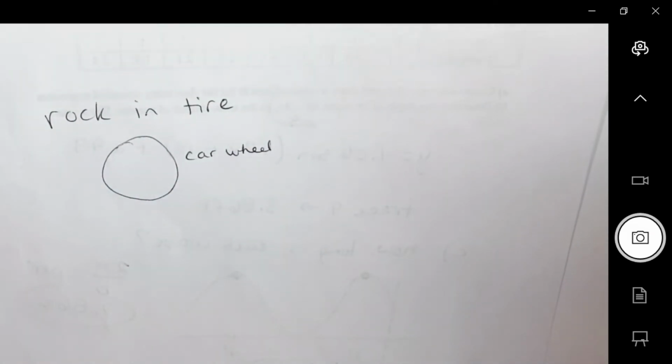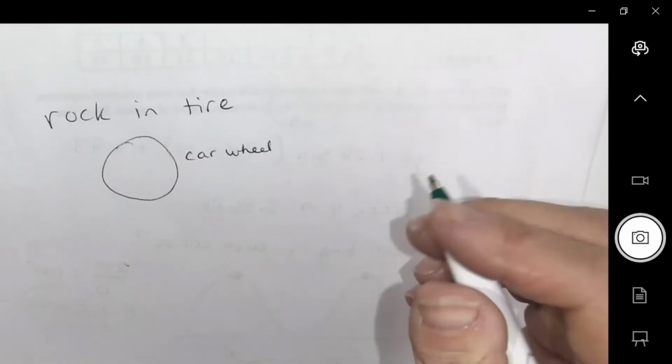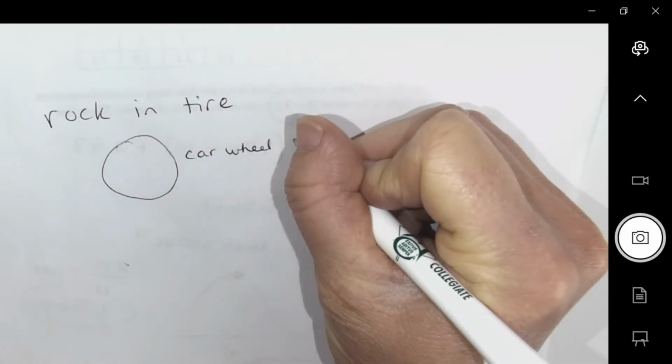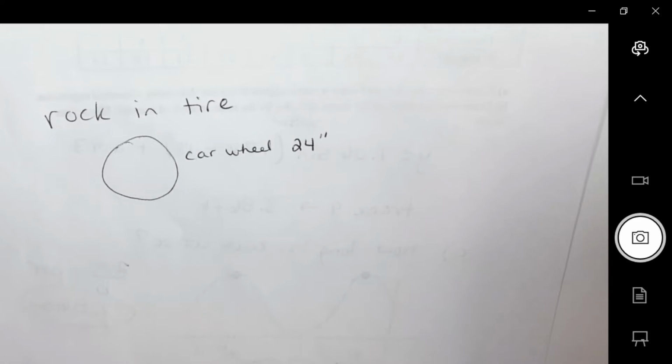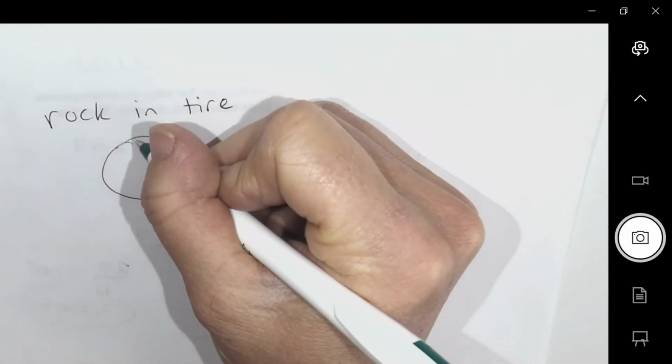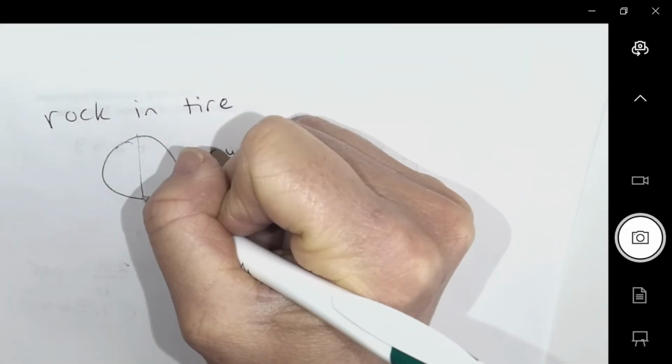Trying to visualize it. Would it be like 30? What's a normal car? Are you Googling it? 24? 13-inch car tire? That seems really small. Okay, we'll just go with 24 inches then. We have a 24-inch, as in that'd be the diameter.